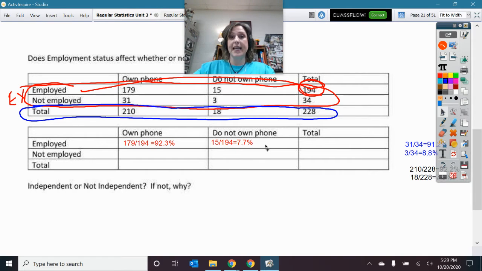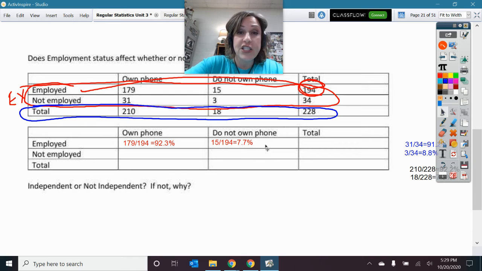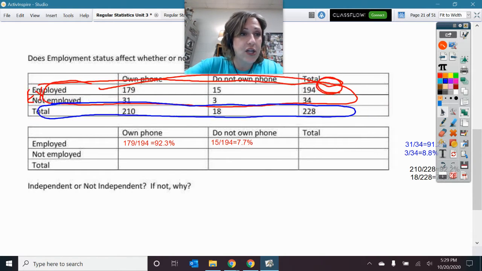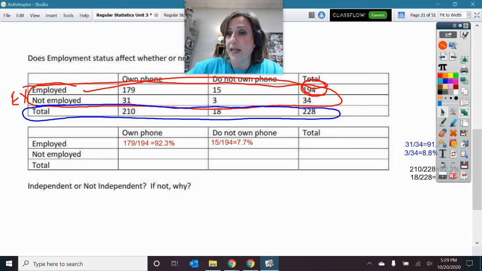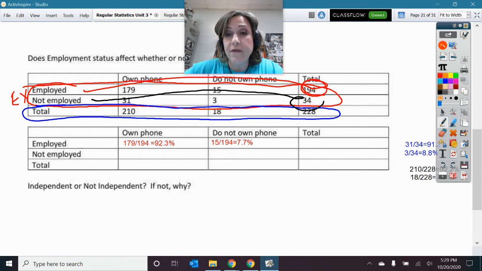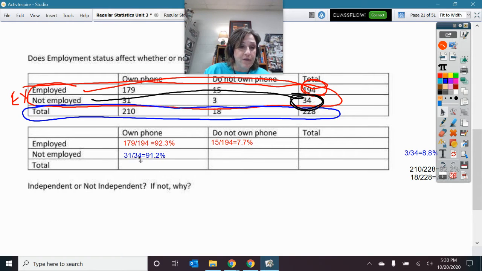Okay. Next, conditional upon you being not employed. That's this here, not employed. So that amount is going to be conditional upon you being one of the 34 people not employed. That's your denominator. So here we go. 31 out of the 34 own a phone. 3 out of the 34 do not own a phone.